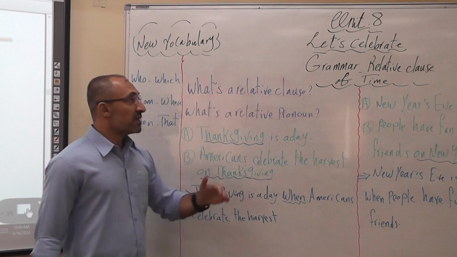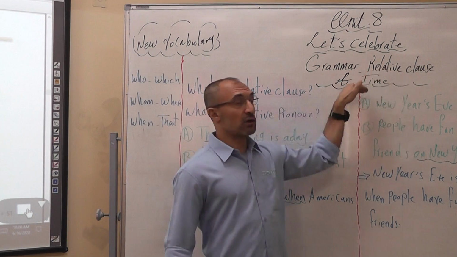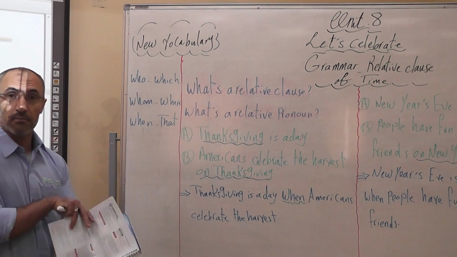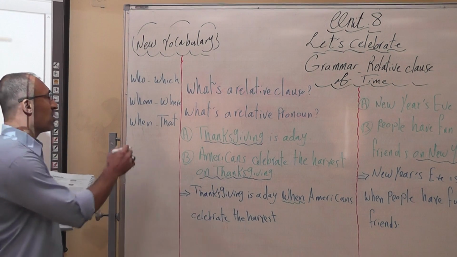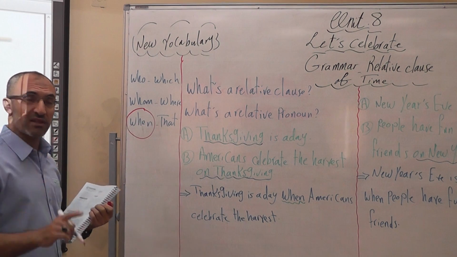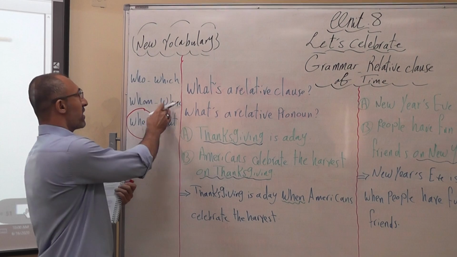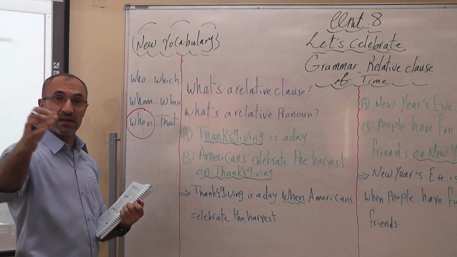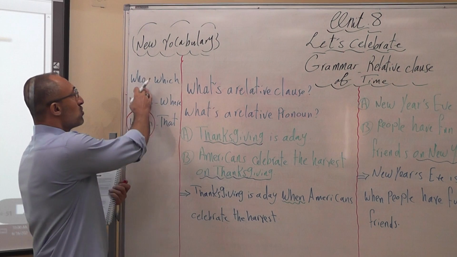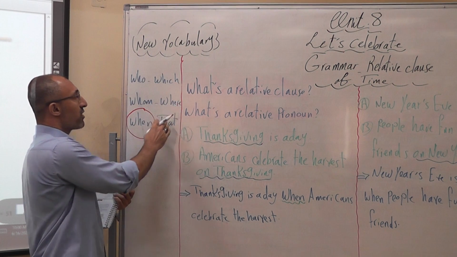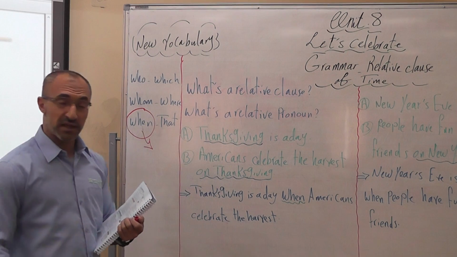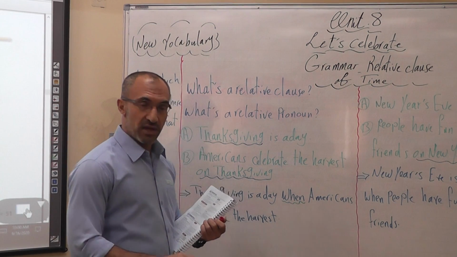Since we are speaking about relative clause of time, we will use when. Exactly when, because when is the word referring to a time. What about where? For example, it refers to a place. So here we have some relative pronouns like who, which, whom, where, that, and when. It's our focus for today.